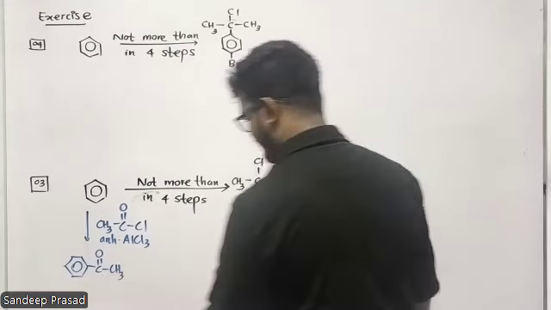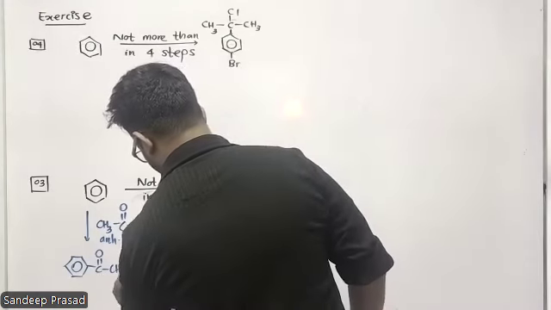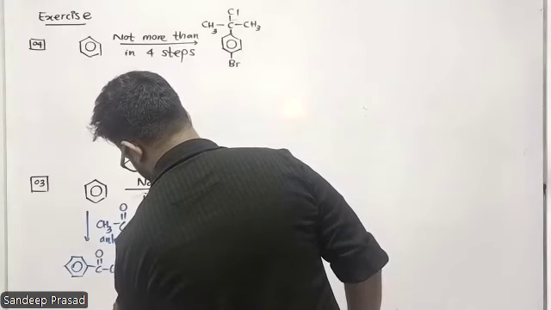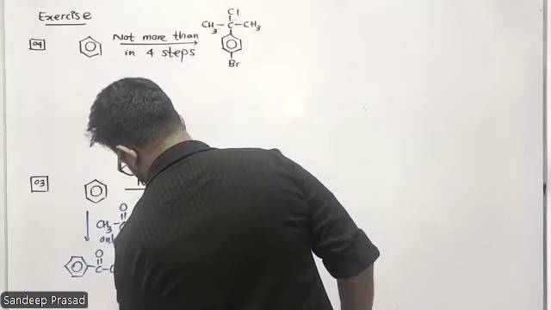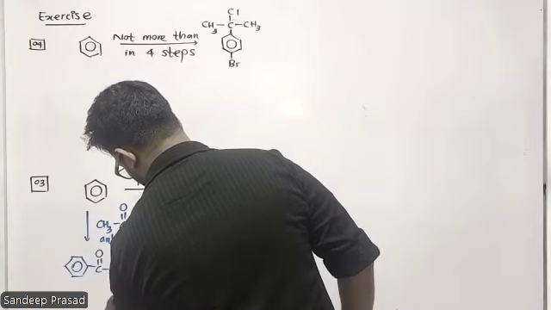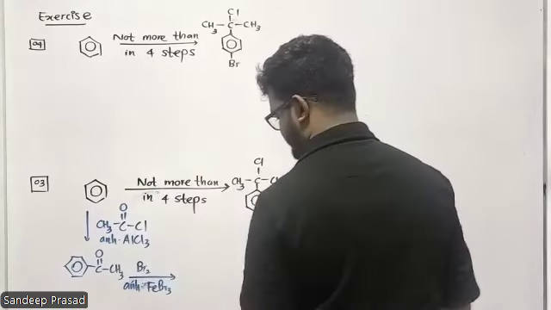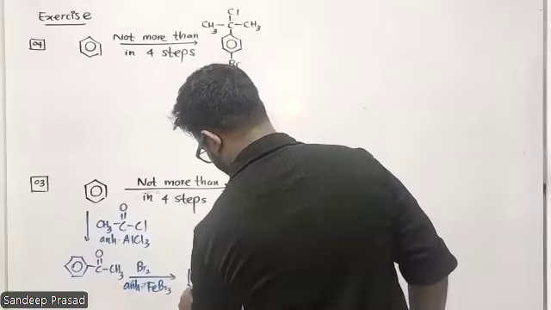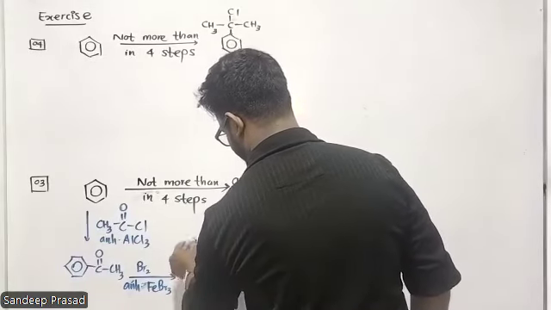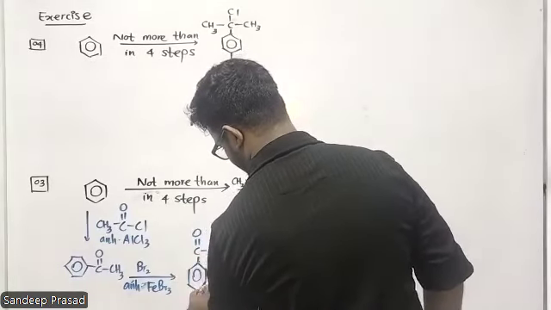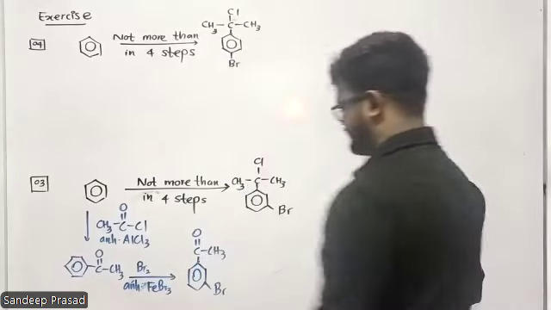So since it is a meta-directing group, I can add Br2, anhydrous FeBr3. Then the product is this way.